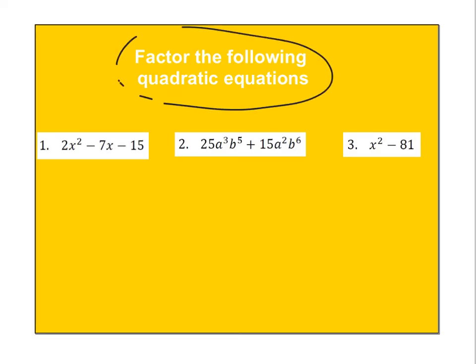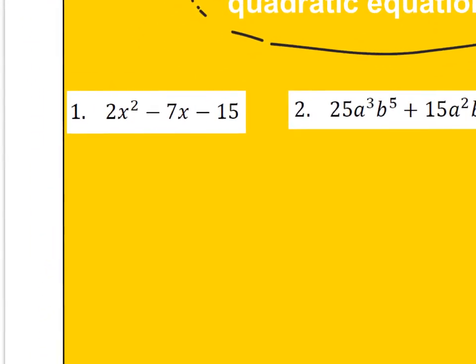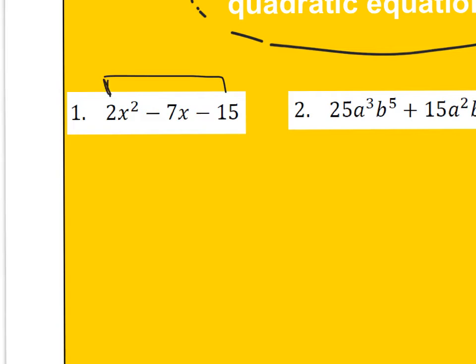Factor the following quadratic equations. If I look at this first one, this is just an old school A times B situation. So, I'm going to take 2 times 15. And for those of you that draw your X, that's fine. Negative 30 and negative 7.